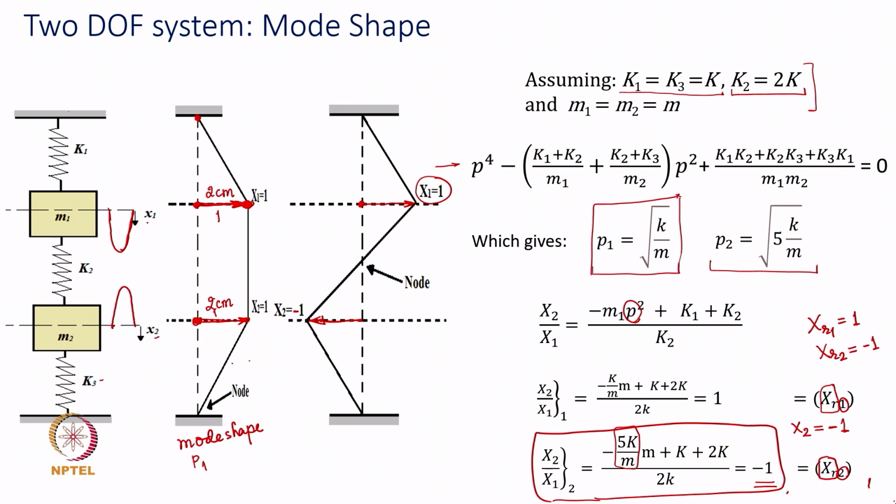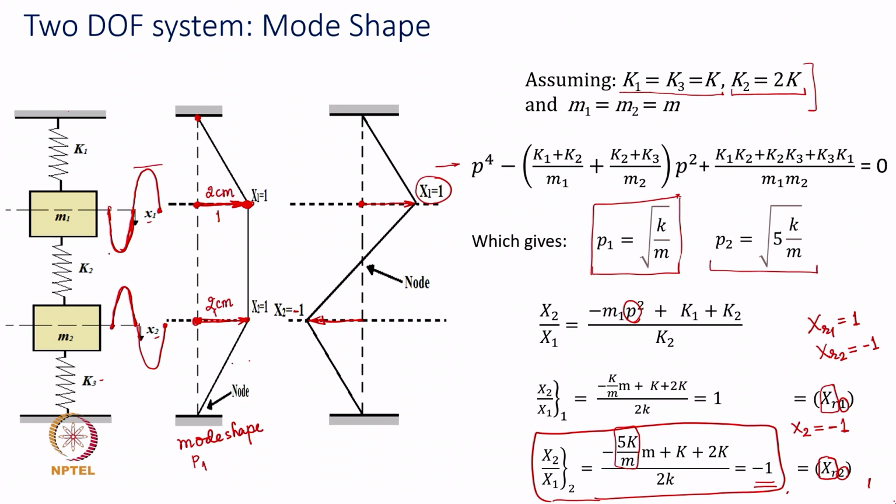Mind you, x1 and x2 are defined positive downwards. So, in the first half cycle of oscillation, if mass m1 goes down like this, the mass m2 goes up like that, and then it will complete its cycle like this, and here it will complete its cycle.